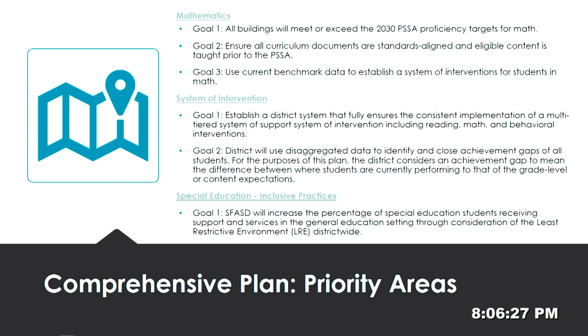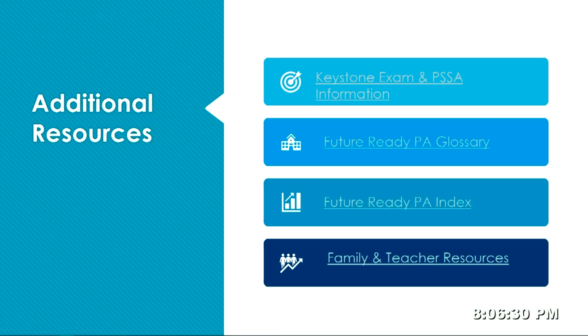As I mentioned, I have linked here, which obviously you're not linking from here, but when we post this, you'll have the links to where to get the PSSA, the Keystone exam data and PSSA information. That'll link right to that site where you'll be able to see all the information. There's a Future Ready PA glossary, also the Future Ready Index, and there's family and teacher resources.